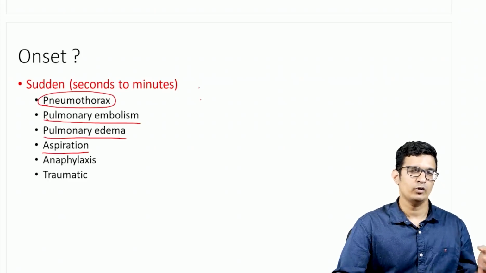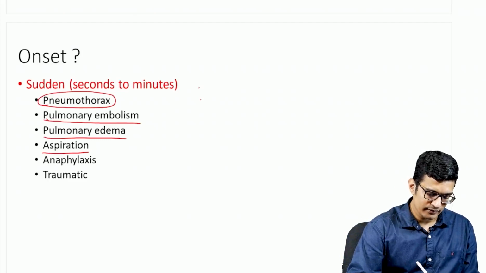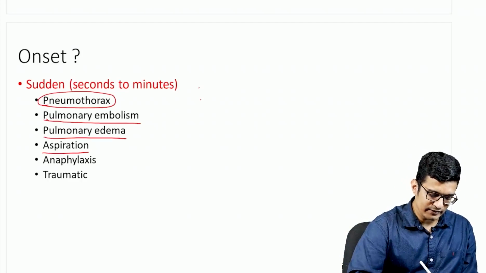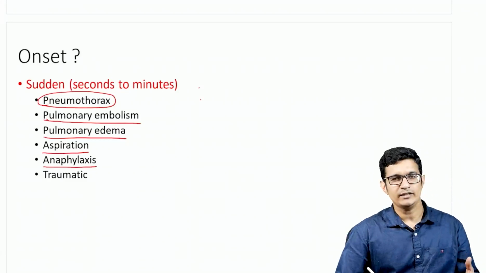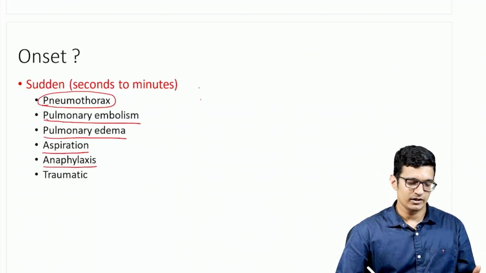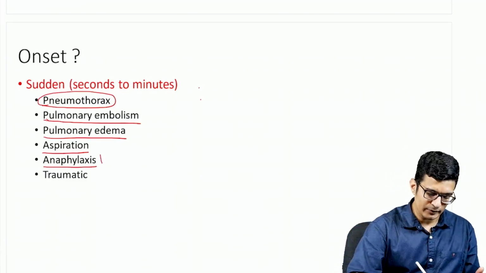This will cause so much breathlessness to the patient, and anaphylaxis is one of the dreaded things that we fear in this condition. Out of all these conditions, the condition that can lead to the rapid death of the patient if it is not treated in an emergent manner is again going to be anaphylaxis.